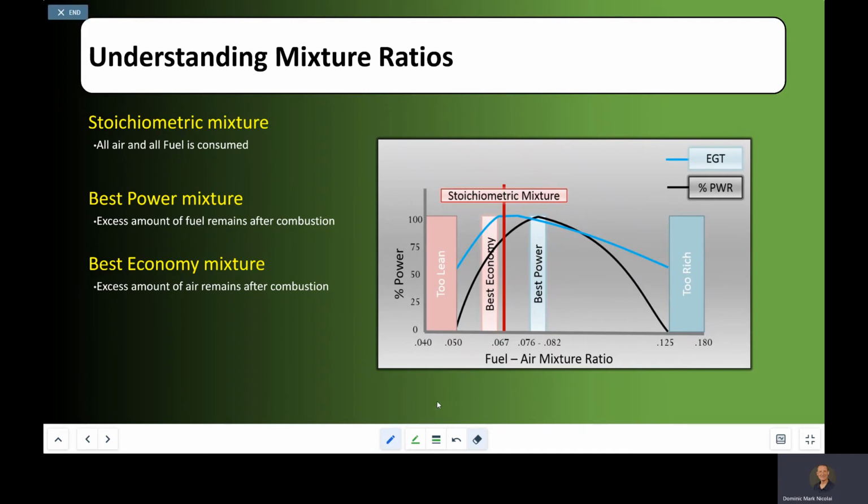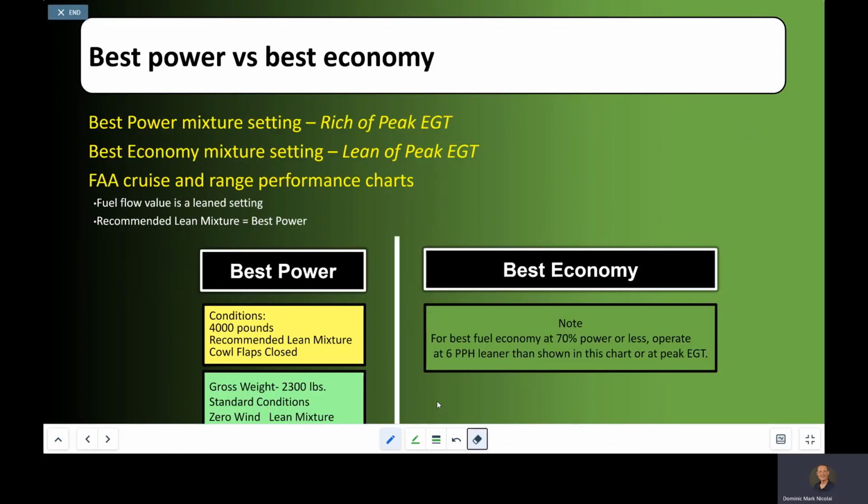So that's a review then of best power and best economy settings. This applies back to your FA charts since they are all laid out with best power. But the FA might ask you a question about what's the endurance with best economy instead.